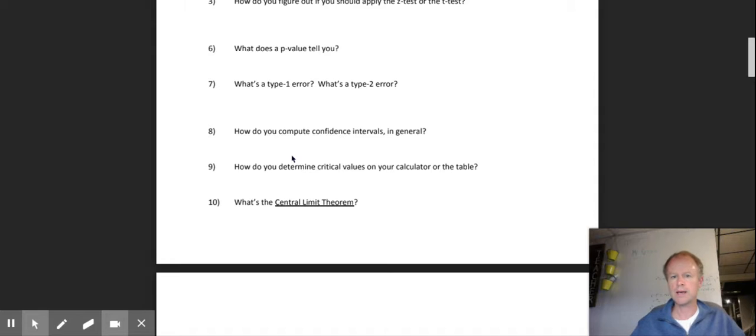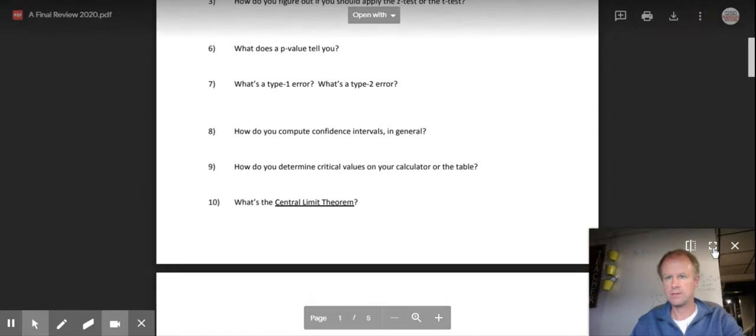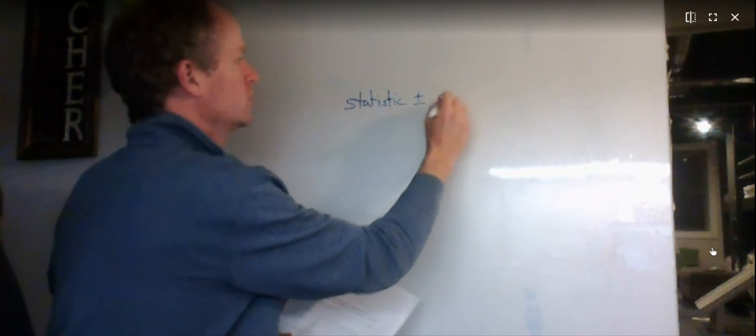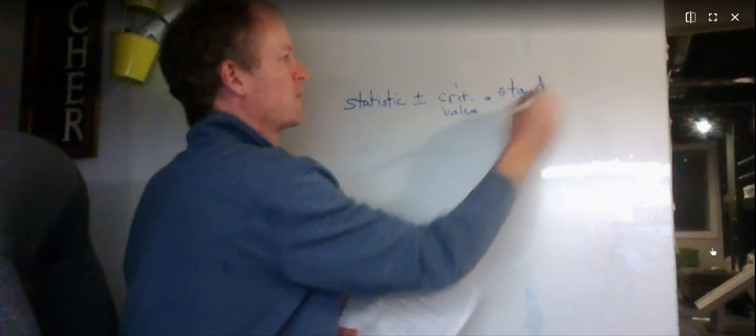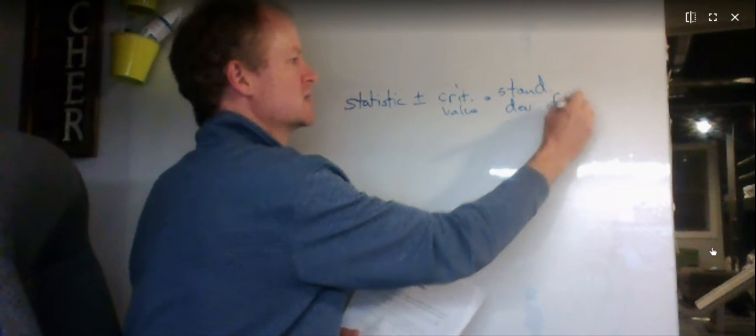In general, a confidence interval is always going to be, let me expand this a minute, a statistic plus or minus a critical value multiplied by the standard deviation of the statistic.